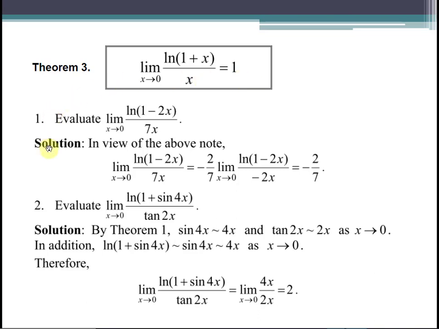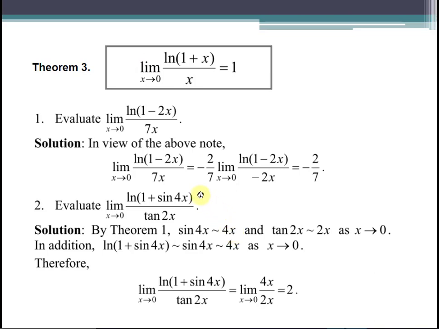Let's consider the first example. Evaluate the limit as x tends to 0 of logarithm of 1 minus 2x over 7x. So what should we do here? Let's use the formula. Let's use Theorem 3.